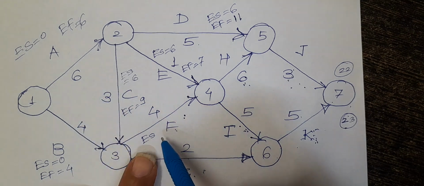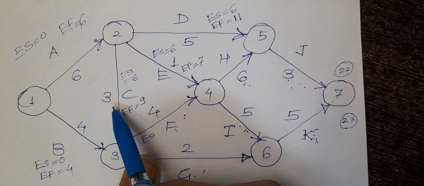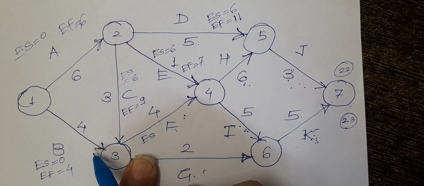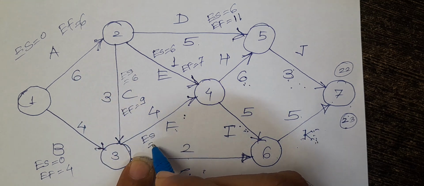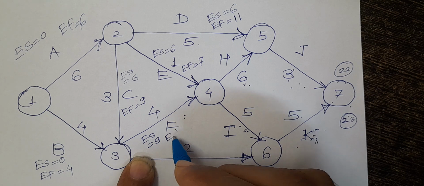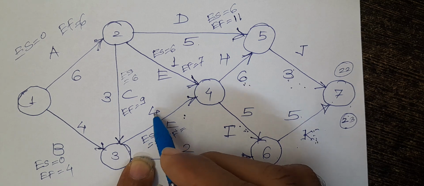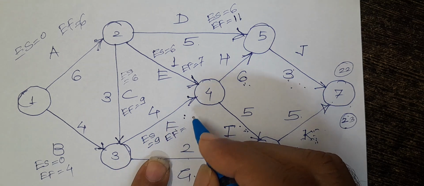So for this F, what will be the earliest start? One path gives 3 plus 6, which is 9, and the other is only 4. So we have to take the highest. The earliest start for this activity is 9, and the earliest finish is 9 plus the time required, 4, so 13.